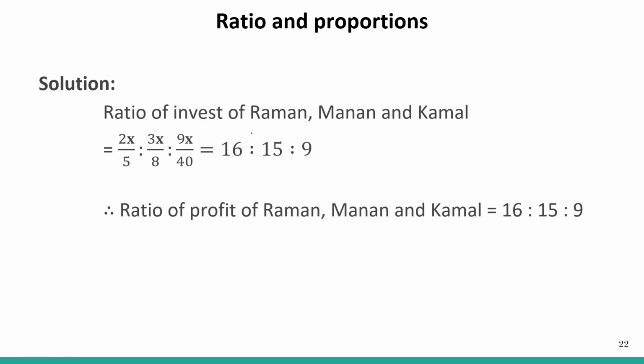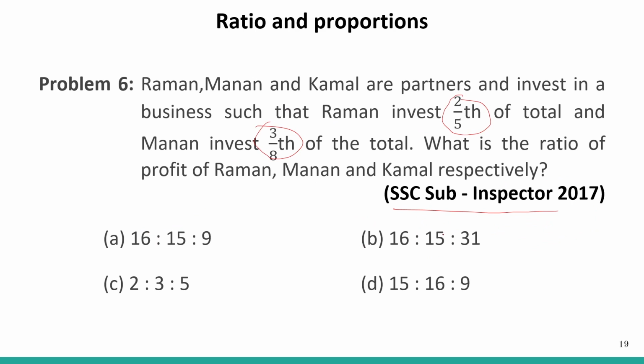So now the ratio of investment of Raman, Manan and Kamal will be 2x by 5 is to 3x by 8 is to 9x by 40. That will be equal to 16 is to 15 is to 9. So the ratio of profit of Raman, Manan and Kamal will be 16 is to 15 is to 9. So 16 is to 15 is to 9 is the correct answer.